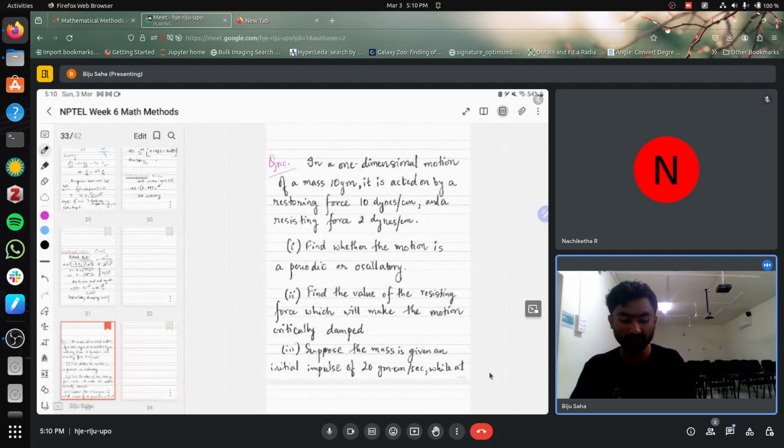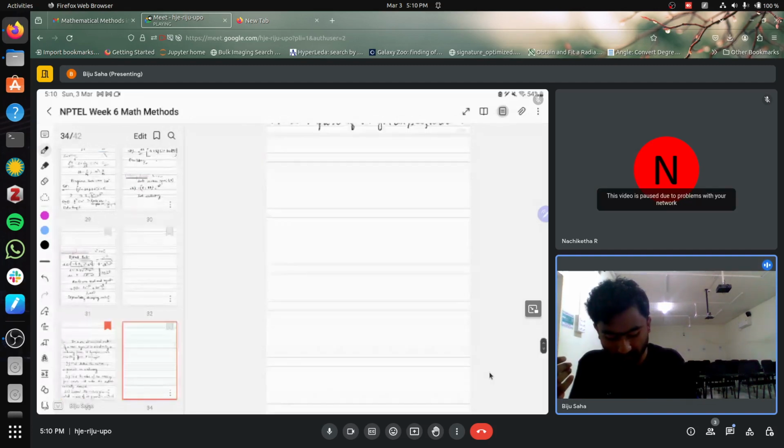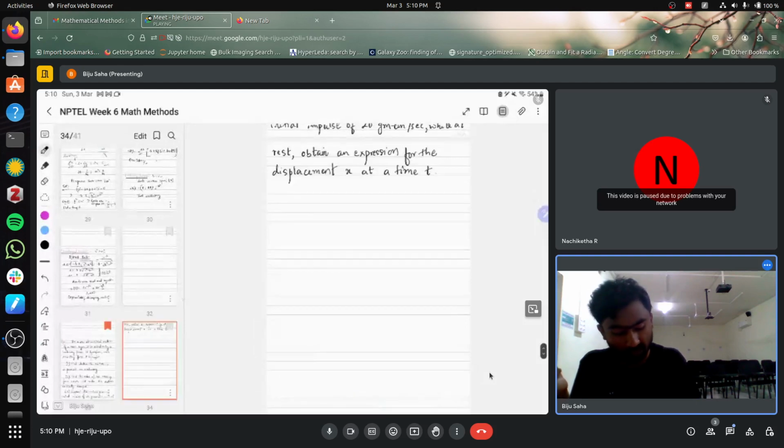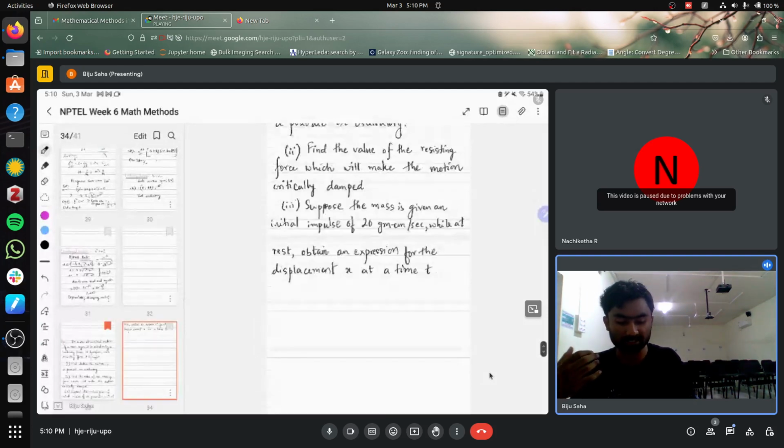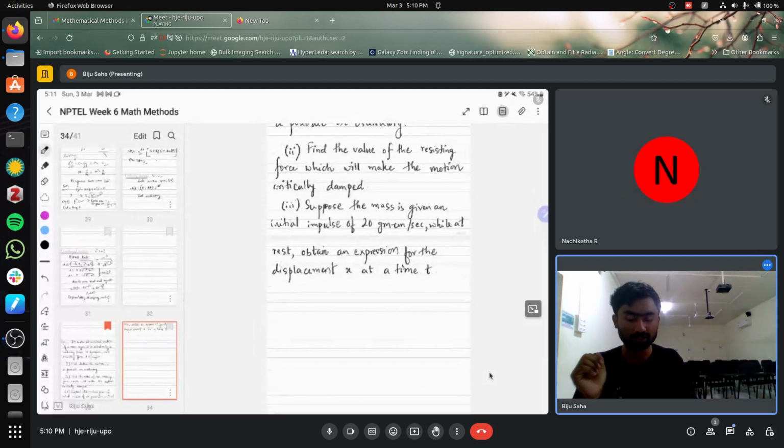That would be known from the values of b and omega. Also find the value of the force that will make the motion critically damped. So basically you have to make b equal to omega and arrive at some condition on the force, and also find the expression of the displacement at some time t. So let us do this problem.